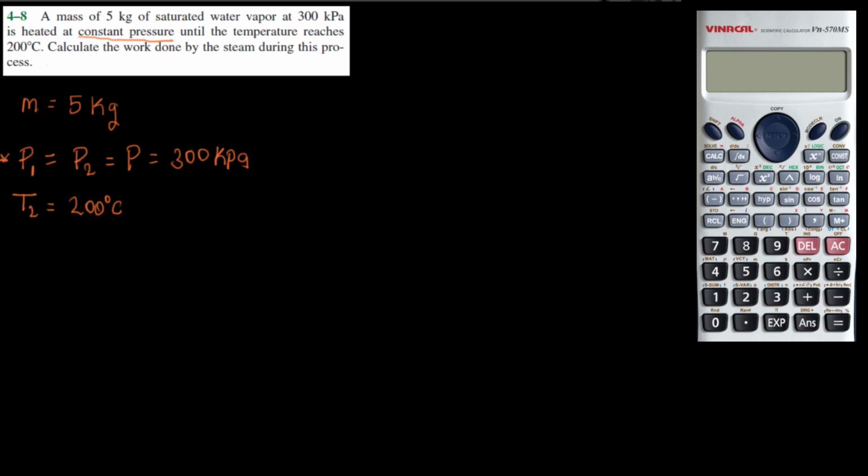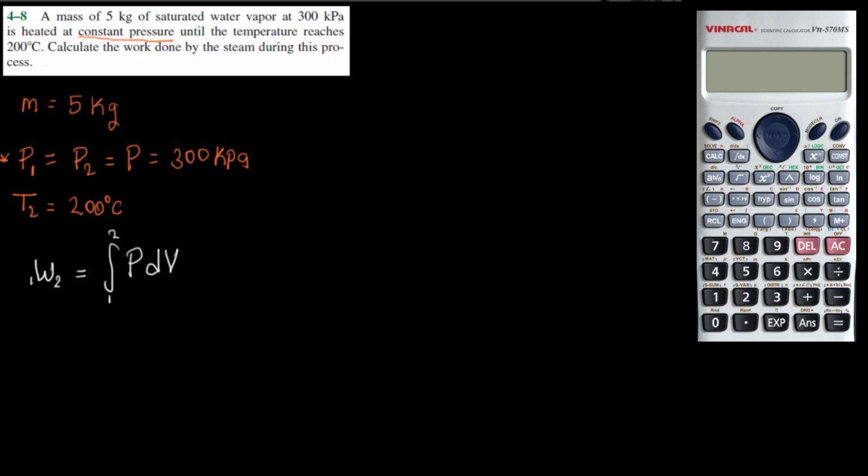So now we have to remember an important thing, that the formal definition of work from state 1 to state 2 is equal to the integration from 1 to 2 of pressure times dV, okay, the volume.